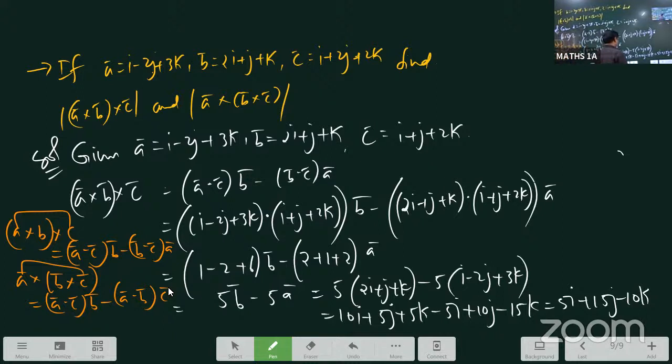Okay, it's not over. Then what is it asking here? Modulus of a bar cross (b bar cross c bar), that is modulus of 5i plus 15j minus 10k.